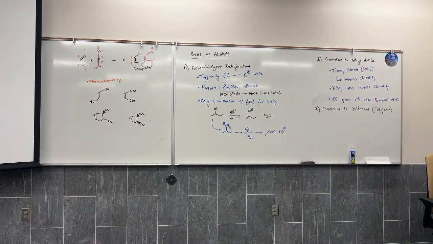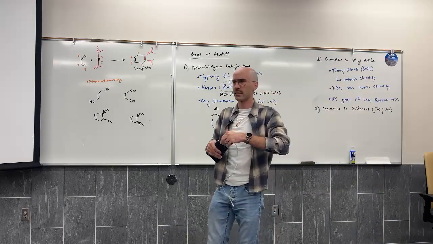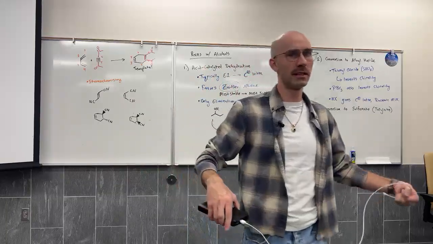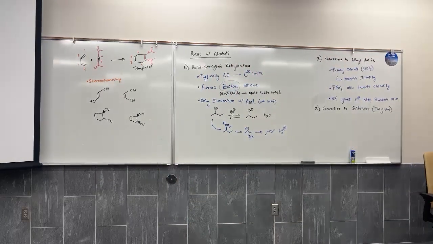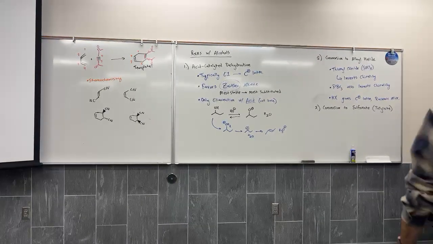In the organic synthesis lab, there are different types of sulfonates. The way you decide the sulfonate you want is sterics, electronics, solubility. On paper, they all do the same thing. So we're just going to use tosylate.